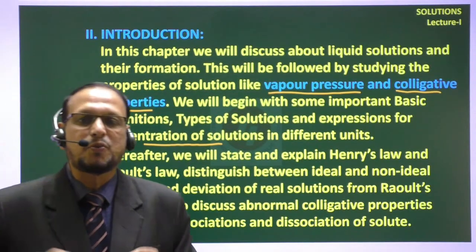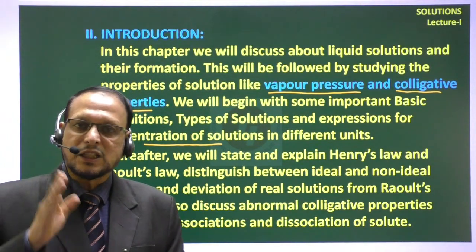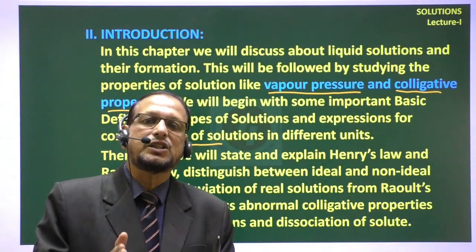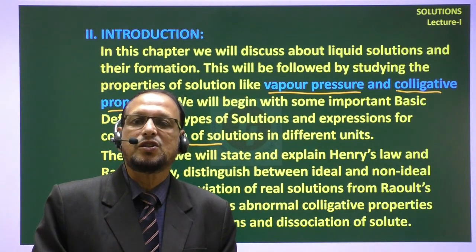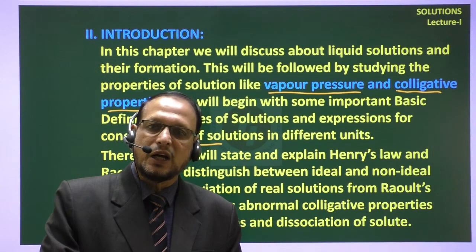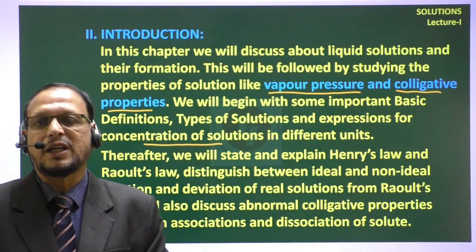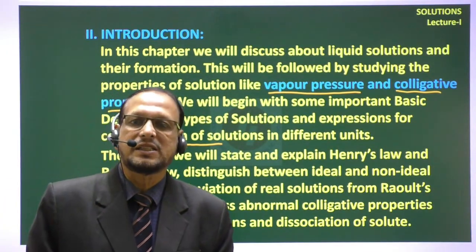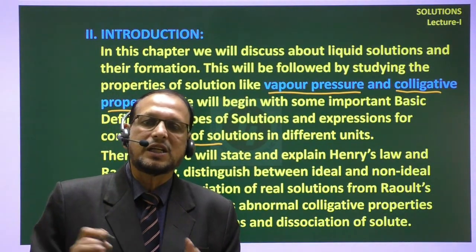But actually it will not be 40. In case of an ideal solution, 20 cc and 20 cc will be 40 cc. If it is a non-ideal solution, it will not be 40 cc; either it will be less or it will be more. If it is non-ideal, positive deviation and negative deviation are there. So that we'll discuss over here.